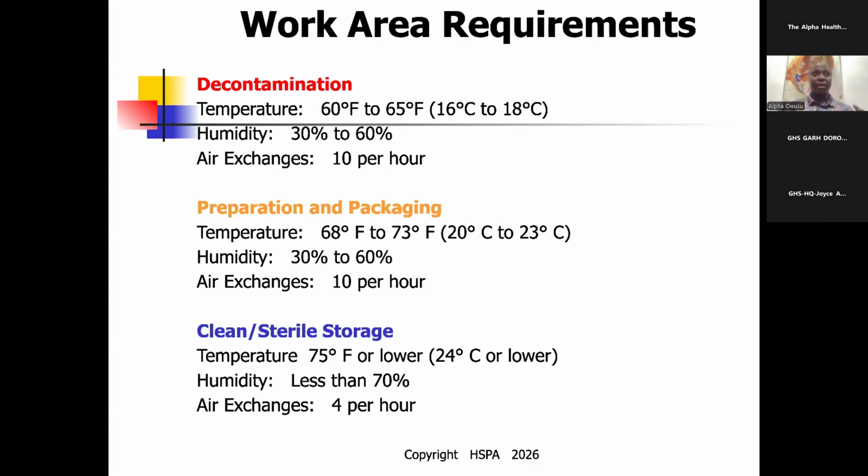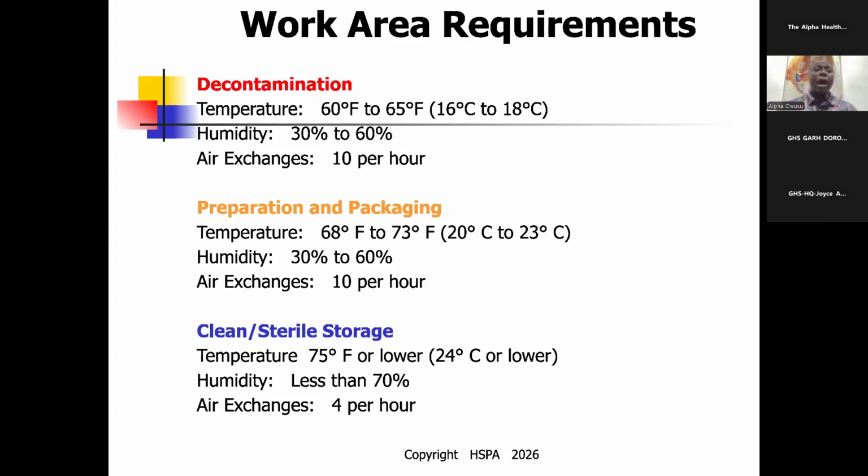Now, in the decontamination area, the bacteria will go there, and the temperature you have to be using to work in that area should be 60 to 65 degrees Fahrenheit. The air exchange should be 10 per hour. Temperature and humidity should be 30 to 60%. Why?